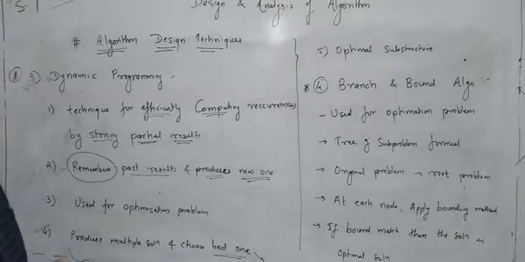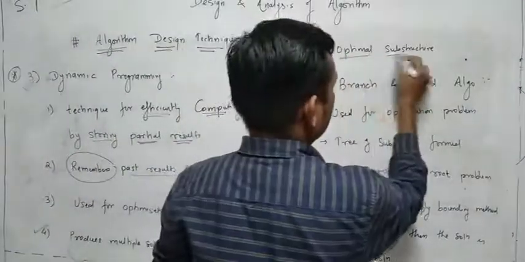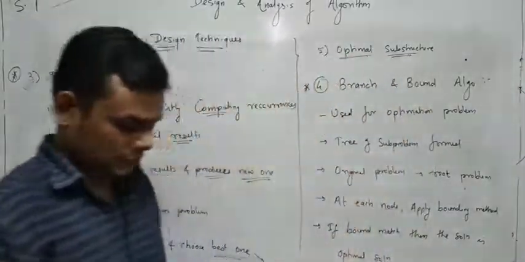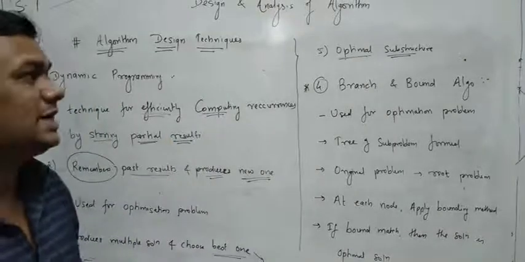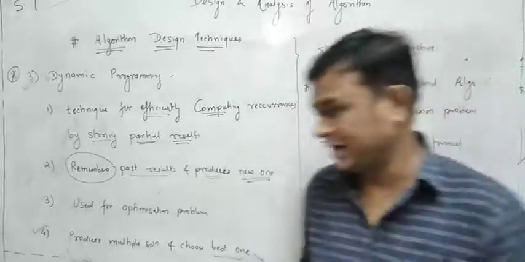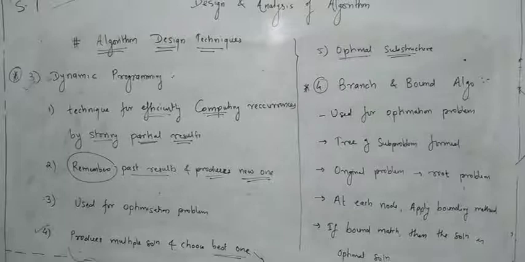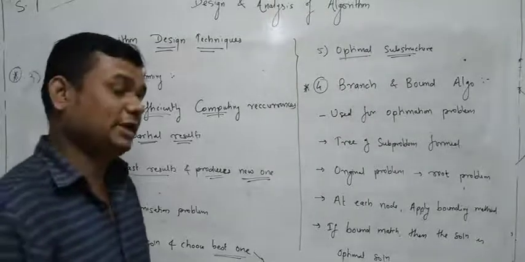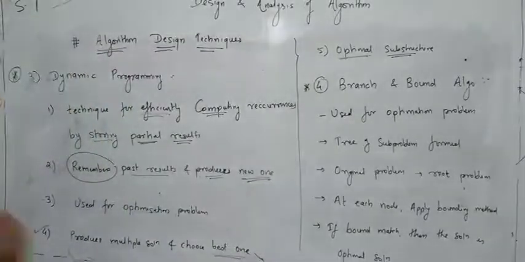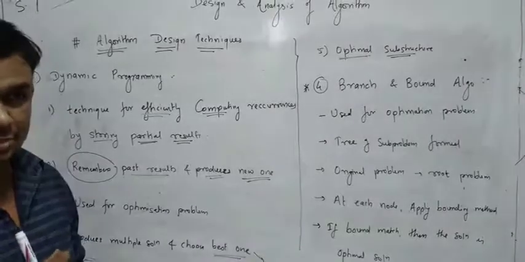In this topic, we also see optimal substructure. So, friends, what is optimal substructure? By using the dynamic programming strategy, the problem has multiple subproblems with multiple solutions, and from those solutions, we have to choose the best one.